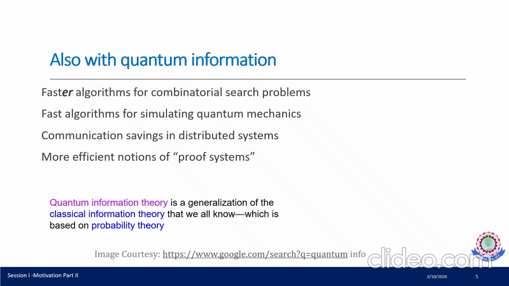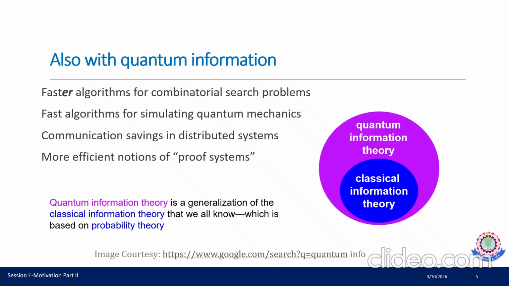Quantum information theory is a generalization of the classical information theory that we all know, which is based on probability theory. This circle represents classical information theory, which is held within a superset of quantum information theory.